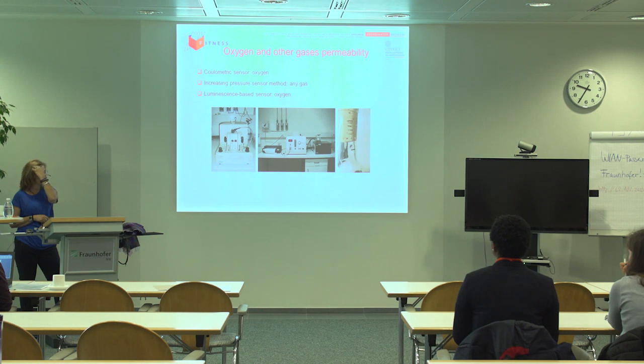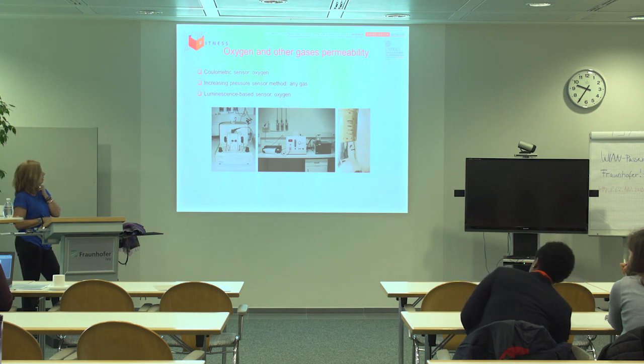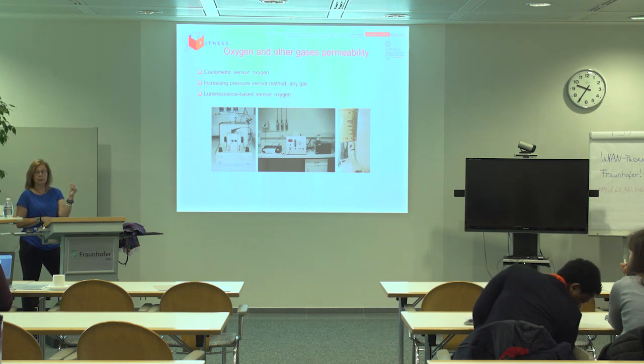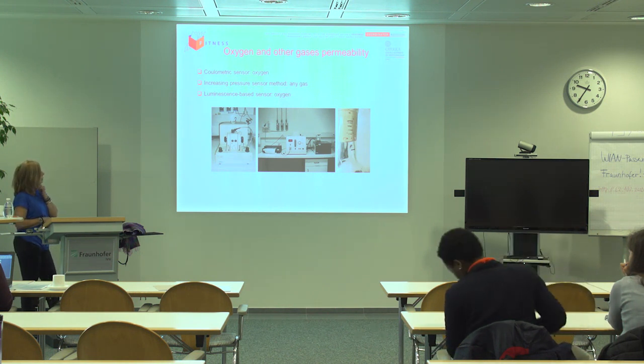So it's a sensor that can detect the molecules of oxygen, or is specific, or we can use a sensor that measures pressure, and in this case can be used for any gas like oxygen or CO2 or even nitrogen, because it measures the pressure increase on the side of the cell.